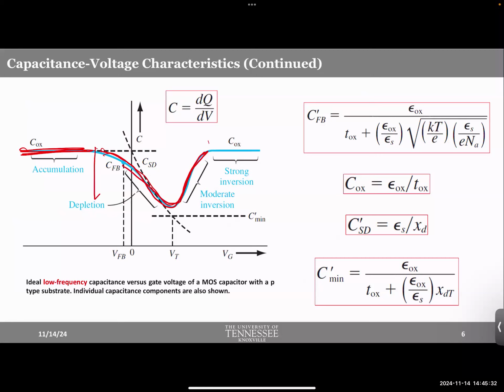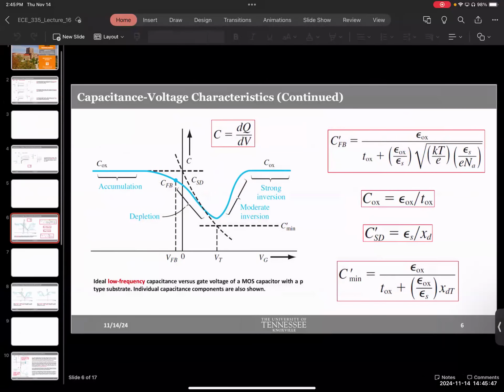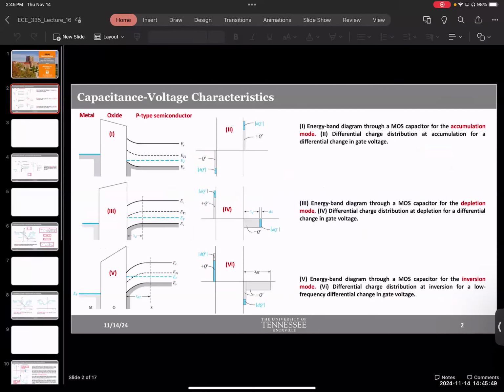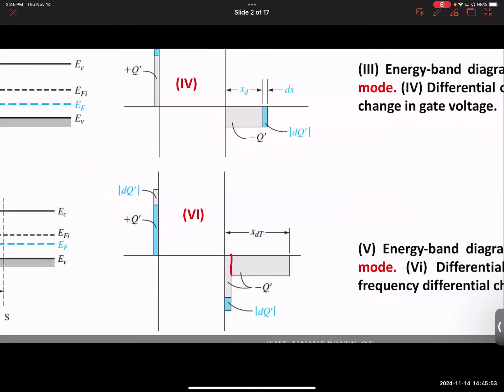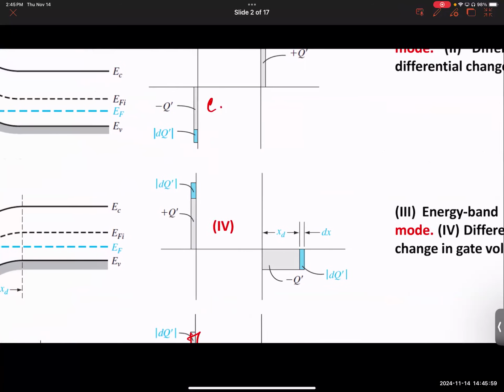During the depletion mode and moderate inversion, you have non-ideality, because there is an interplay between the inversion layer and the depletion layer. But when you are strongly inverted, the only thing that matters is this inversion layer. That's why you are back to Cox again, and here you are back to Cox.